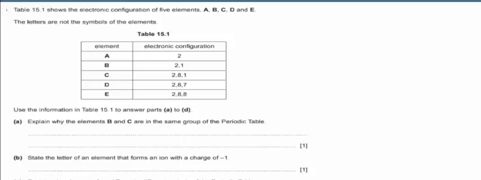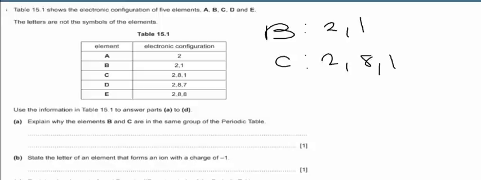Try to write the electronic configuration of B and C. We can say B is having 2, 1. Then C is also having 2, 8, 1. So now as you can see, B is having 1 electron in the outermost shell. Even C is having 1 electron in the outermost shell.